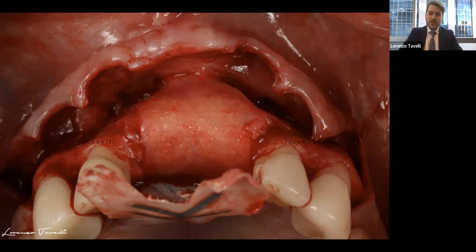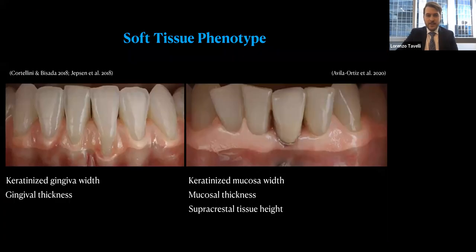Since this lecture is going to focus on soft tissue, it's not that we do not do bone augmentation, but that topic is very extensive, and in this hour or so I have to focus on soft tissue only. When I need to do bone augmentation, I always do it either prior to implant placement or at the time of implant placement. The soft tissue augmentation, either with autogenous graft or substitutes, comes later, in a second moment.